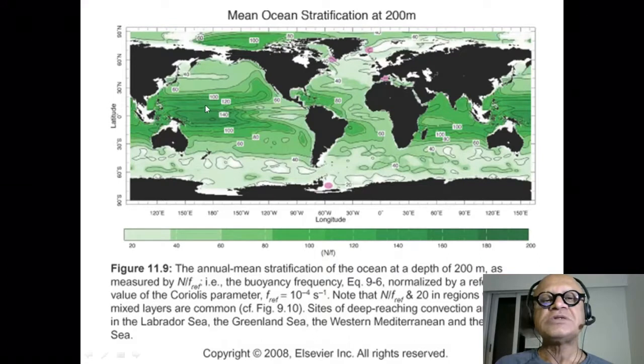So stratification is very strong in regions where you have a lot of solar heating, like in the low latitudes. Stratification gets in this measure weaker, but you have to be careful because we are using an f_ref. Nonetheless, warm waters, strong stratification; colder waters, weaker stratification.